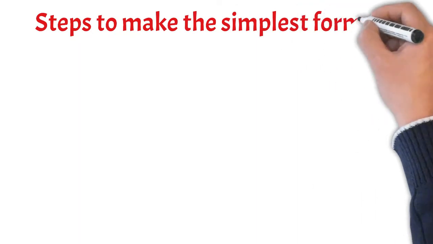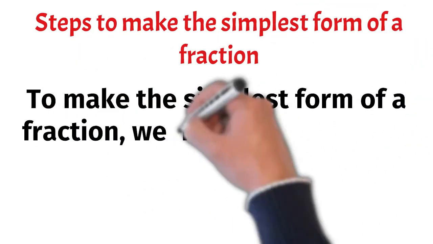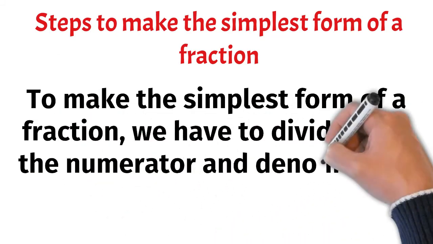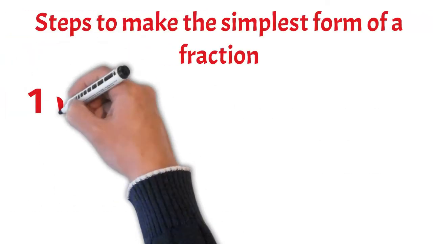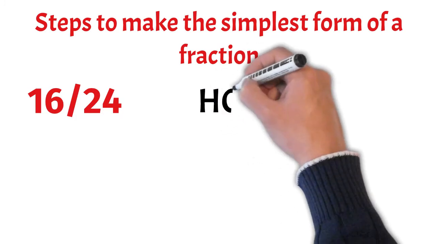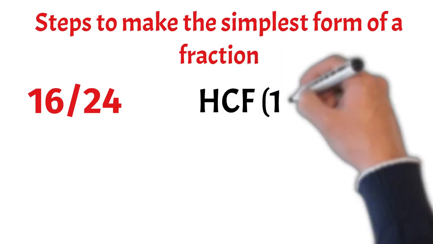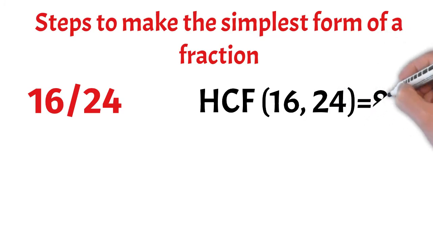Steps to make the simplest form of a fraction. To make the simplest form of a fraction, we have to divide both the numerator and denominator of it by their HCF. For example, 16 by 24. Here the HCF of numerator 16 and the denominator 24 is 8.